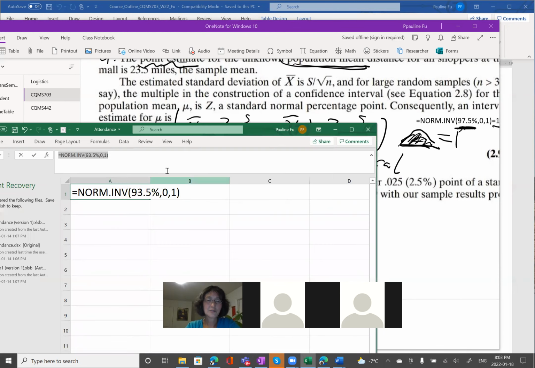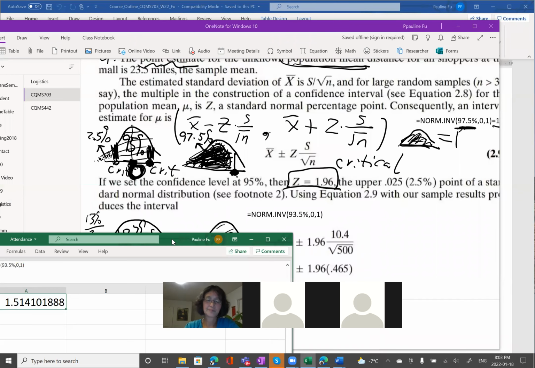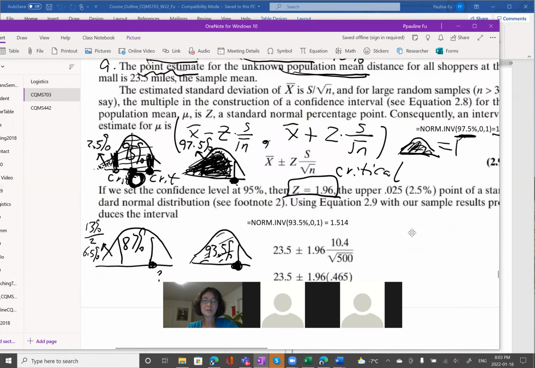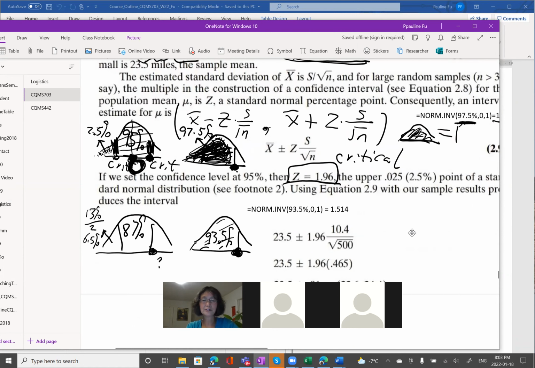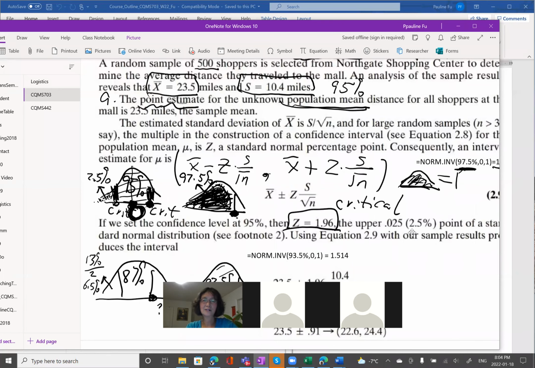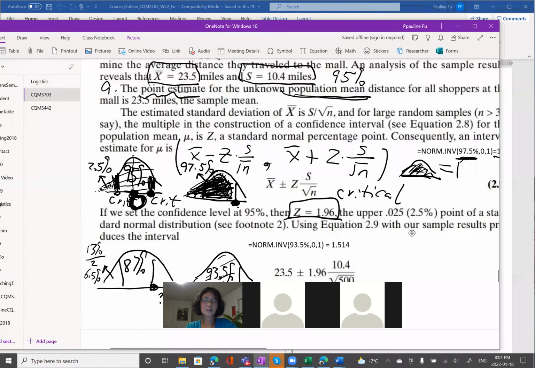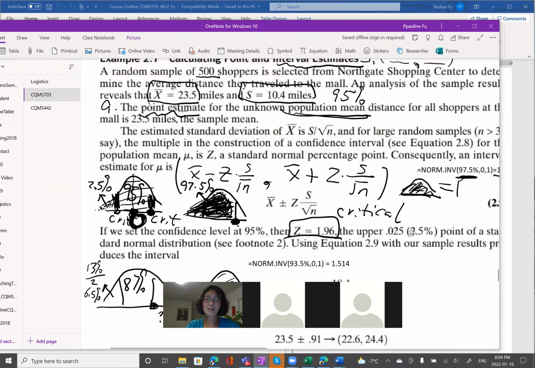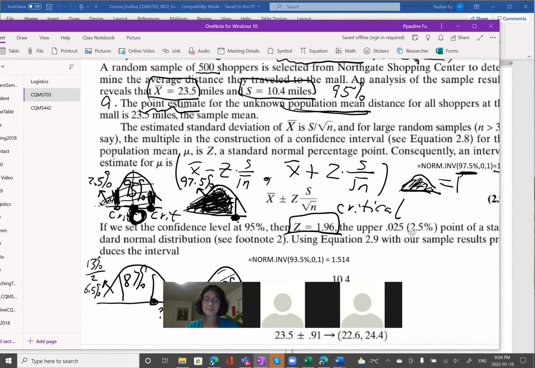I want to show you the Excel. So the result is 1.51. Okay, 1.51. So that is how you found the critical value without calculator, without table, just based on Excel, because everybody has access to Excel. If you have a calculator, go ahead using your statistical calculator. Okay. So we solved the question for what is this critical value.